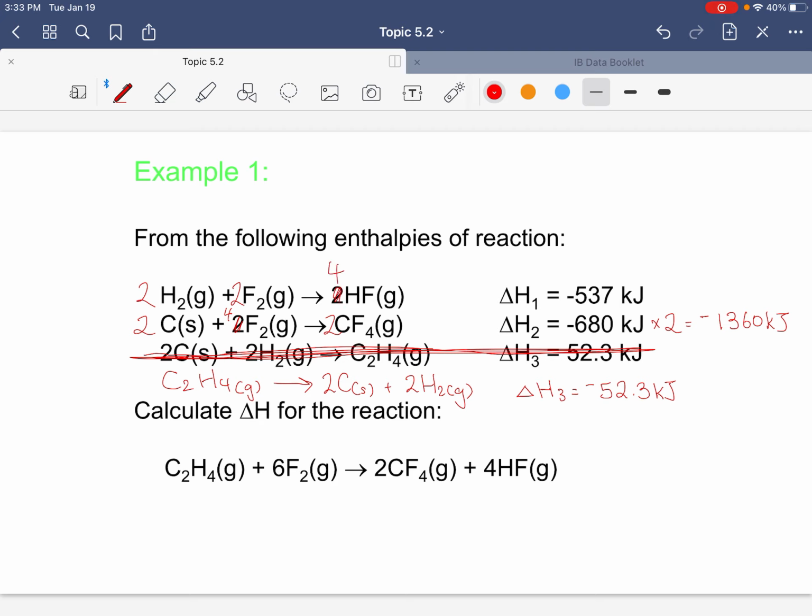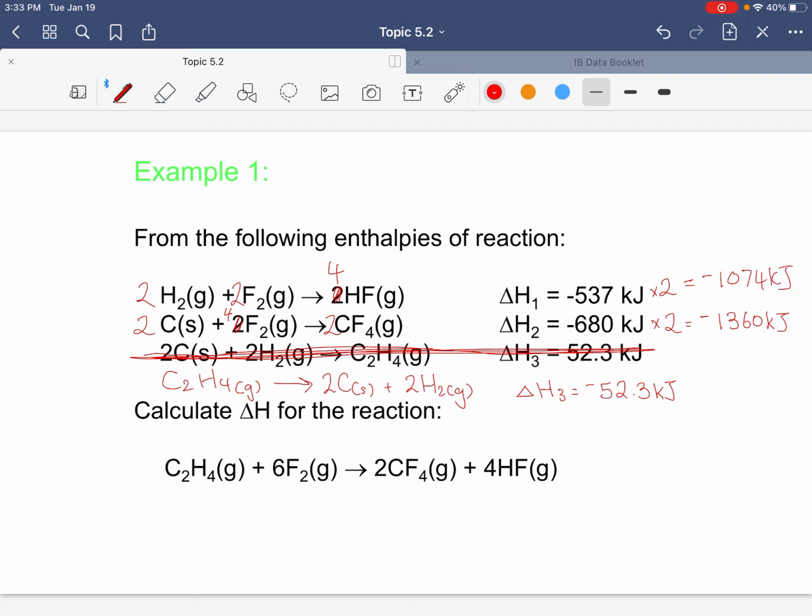Multiply this by 2, so it becomes 4. Remember, if you do that to the equation, you do the same thing to delta H. So therefore, you multiply 537 by 2, which will give me negative 1074 kilojoules.